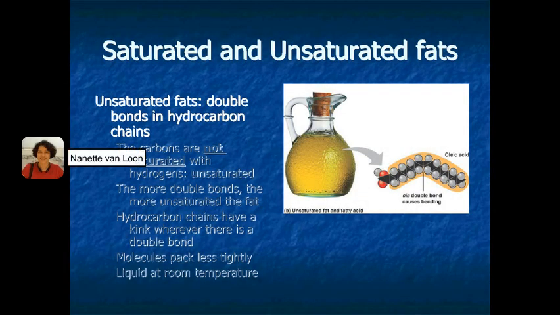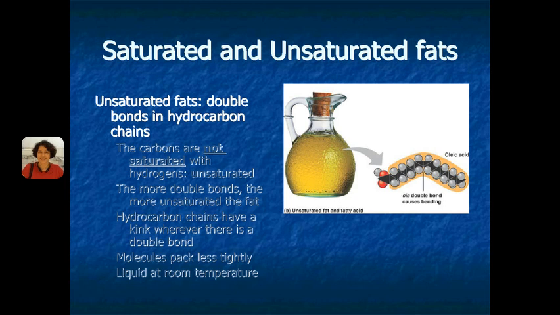We mentioned already that the difference between saturated and unsaturated fats was the fact that in saturated fats, all of the carbons in the hydrocarbon skeleton are joined by single covalent bonds. In unsaturated fats, on the other hand, there is at least one double bond between the carbons in the hydrocarbon skeleton.